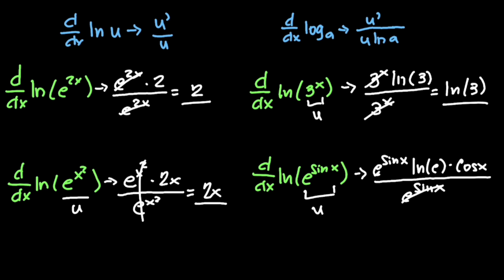These two will cancel each other out, and the natural log of e is 1. So what you're left with here now is simply cosine of x.